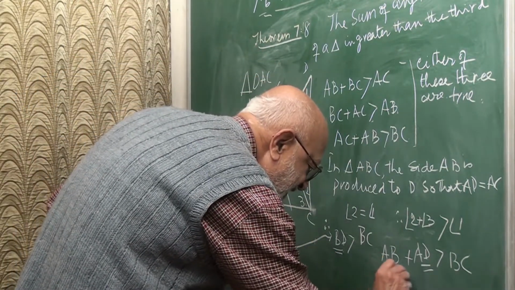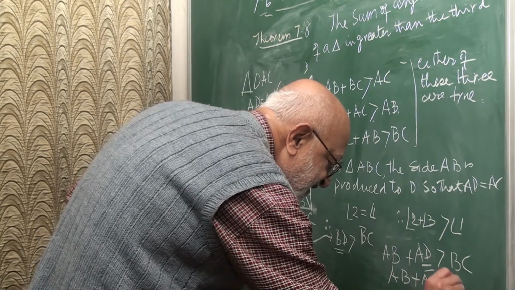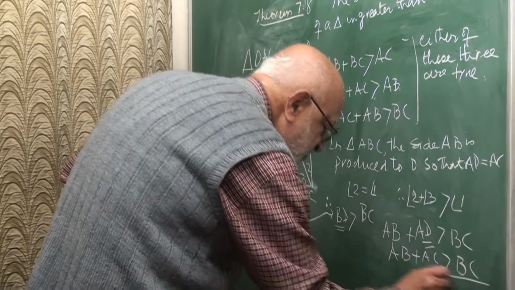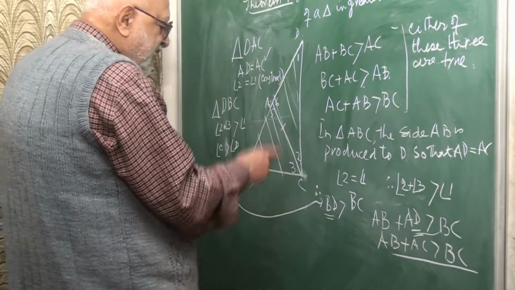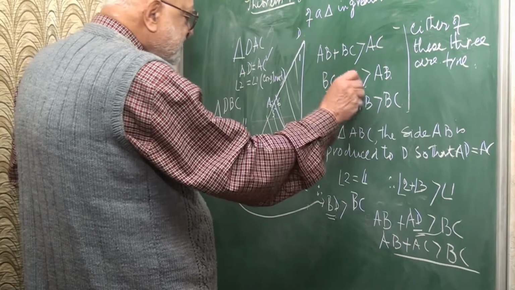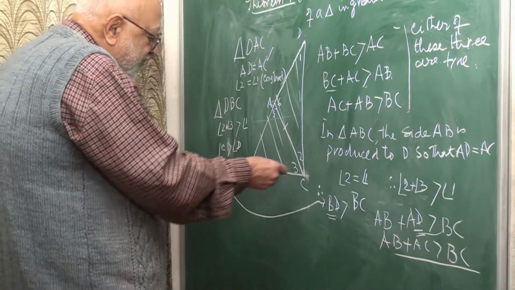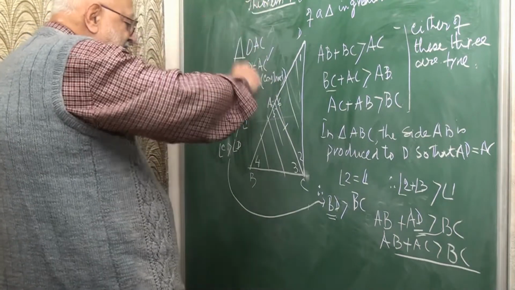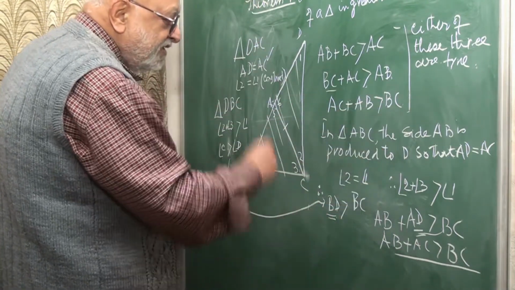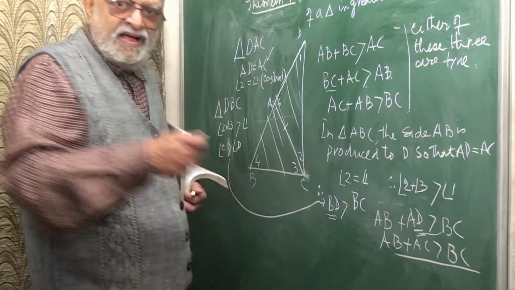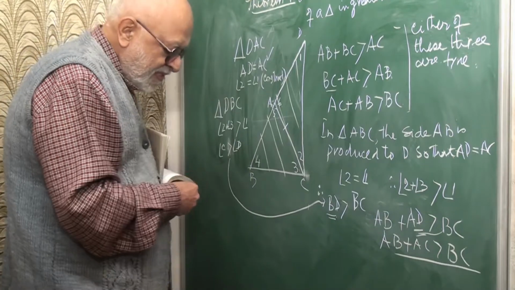Therefore AB plus AC is greater than BC. So this is proven. Similarly, you can take any other two combinations and prove this. In that case, you have to extend, maybe AC, and go a similar way. So this is proven, and we will go to the next theorem.